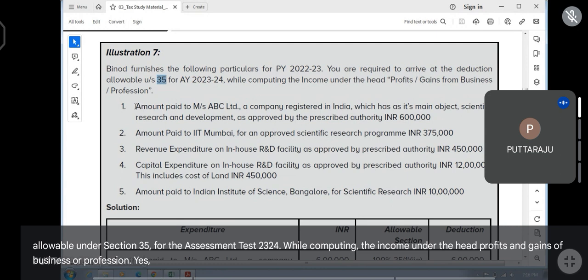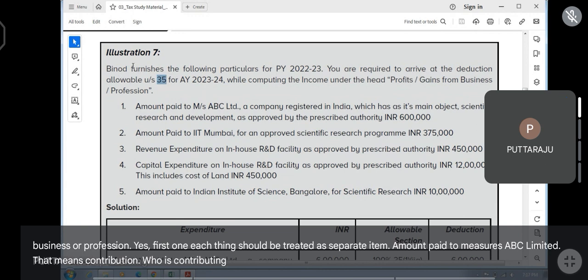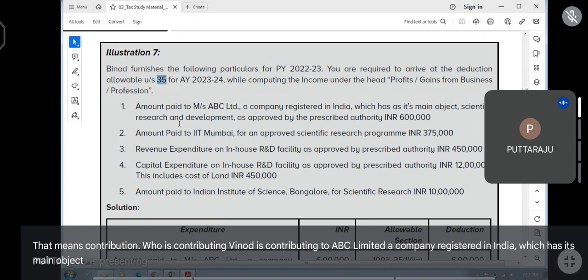First one, each thing should be treated as a separate item. Amount paid to M/s ABC Limited, that means contribution. Vinod is contributing to ABC Limited, a company registered in India which has as its main object scientific research and development as approved by the prescribed authority, rupees 6 lakhs.